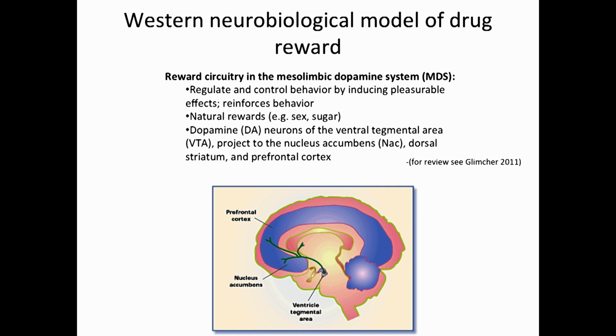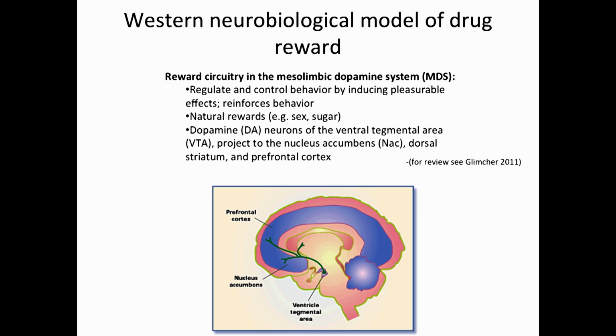This system actually evolved to respond to natural rewards, rewards that would correlate with increased reproductive success. So sex, and things like sugars and fats.